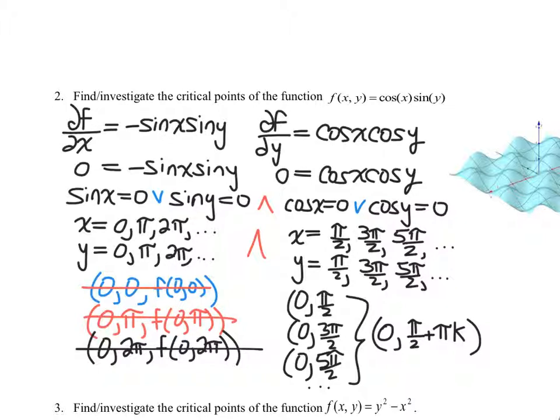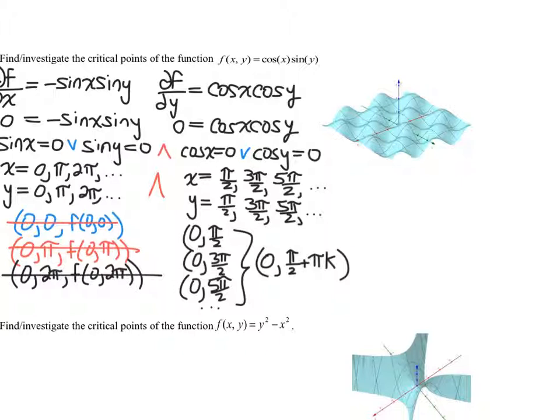Now, if we know that that's also going to work for the pi, 2 pi, and so on, then we could even extend it further by saying, wait a minute, we can focus on this guy and say it doesn't have to be just that. It could be any of these. So we would say 0 plus pi k, comma, pi over 2 plus pi k.